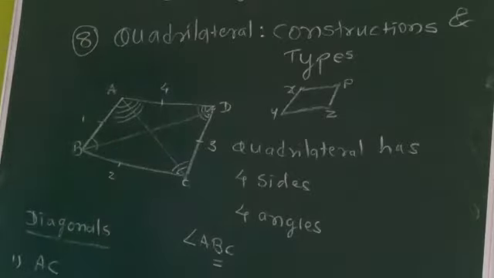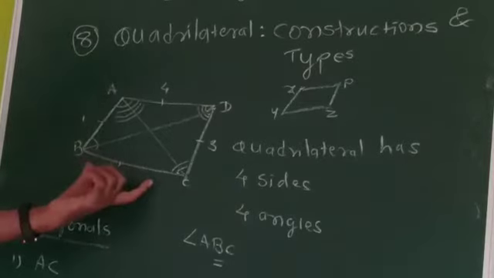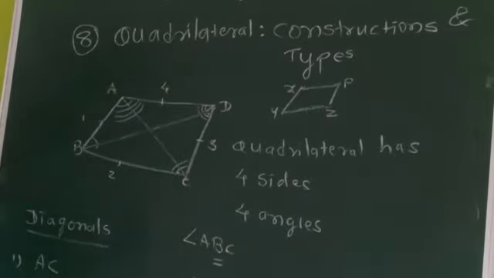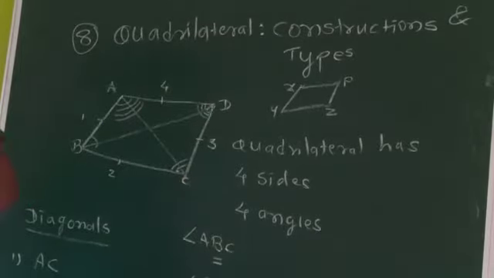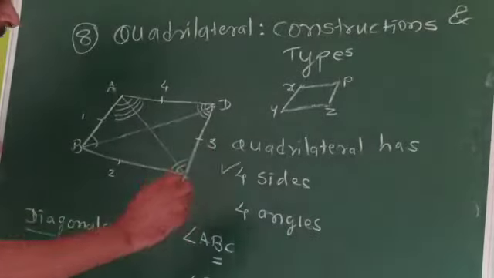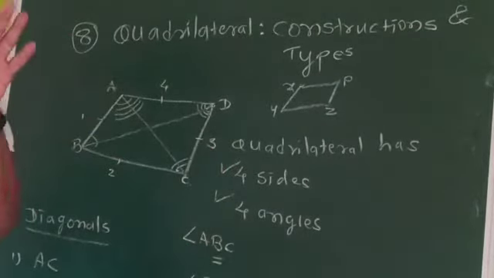Correct. Here side AB, side BC, side CD and side AD. Any quadrilateral has 4 sides. How many angles, Nipun, does a quadrilateral have?